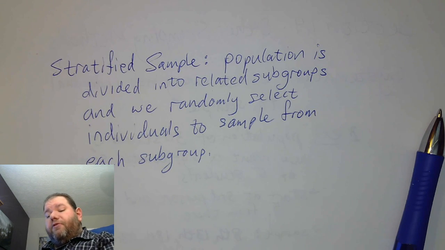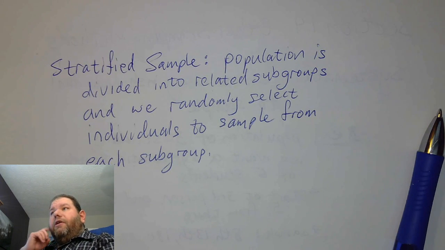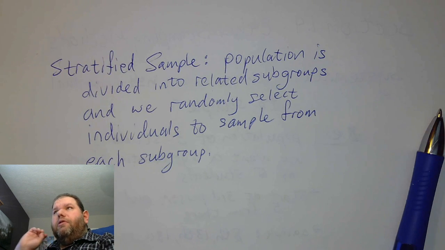So in a stratified sample, again, the idea is that we break up the population into different subgroups and then try to select individuals from each subgroup. Now, when we pick individuals, our subgroups may not always be equal in size, so we may not get the same number of individuals from each subgroup.